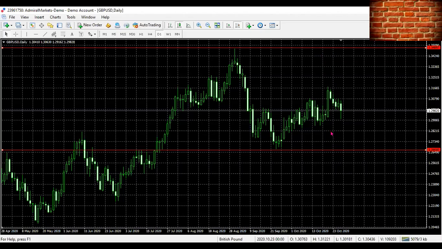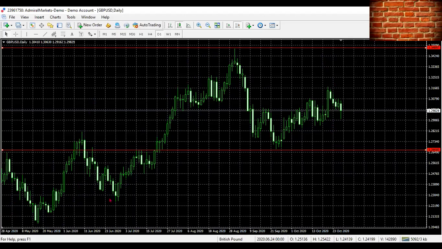Okay, so let's take a look at the market price action from the 28th of April. So we went up from around here. So we've been going up. So the trend has been bullish, although we have encountered some resistance, for example, at this point here on the 1st of June at 1.28.